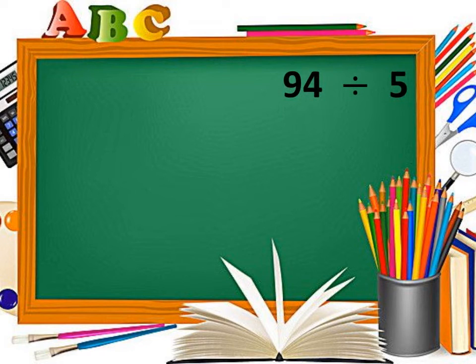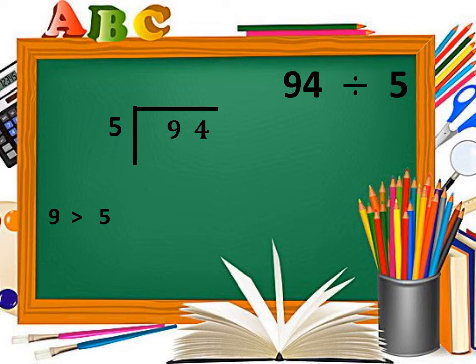94 divided by 5. To show this division, here I am using division box. The dividend 94 can be written in the division box and 5 divisor left of the division box. Now 9 is greater than 5. So we can divide.